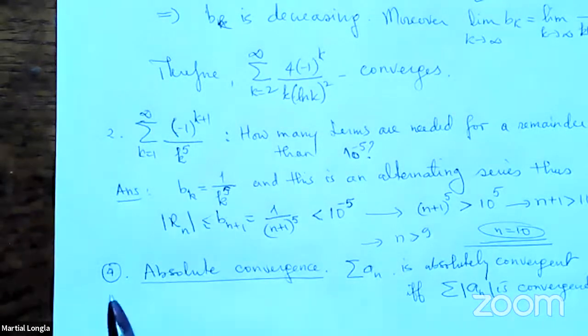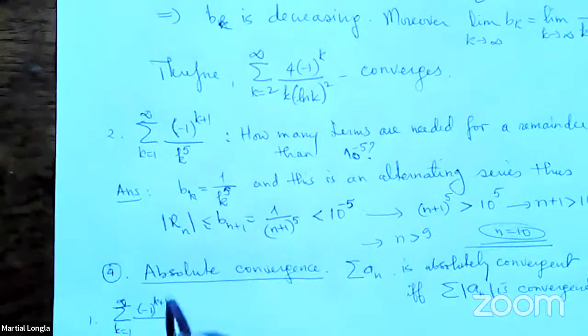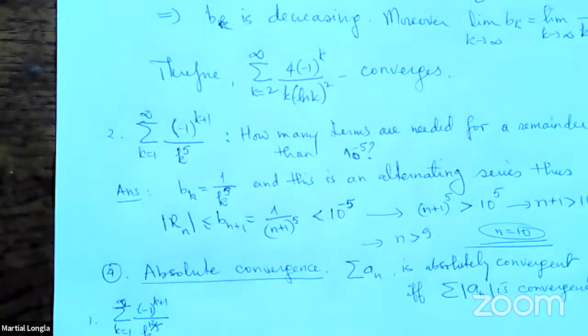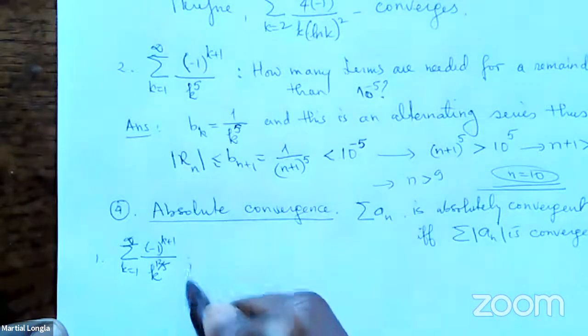Now, let's say we have a question: sum, from 1 to infinity, of negative 1 to the k plus 1 over k to the 12/5. And that's about absolute convergence.